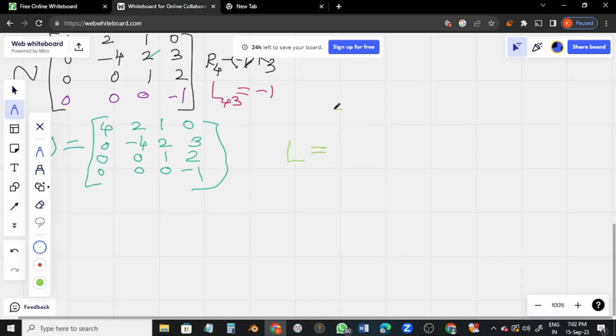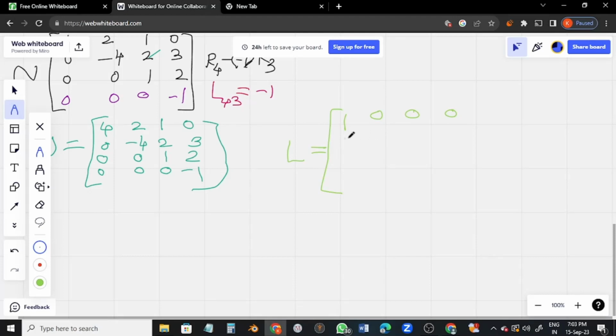Okay, so L is lower triangular, means upper side we will get zeros, second column, third column, fourth column, these are all zeros. Alright, the very first entry for L is 1, because we are going to place diagonally 1, so this place we will have 1.